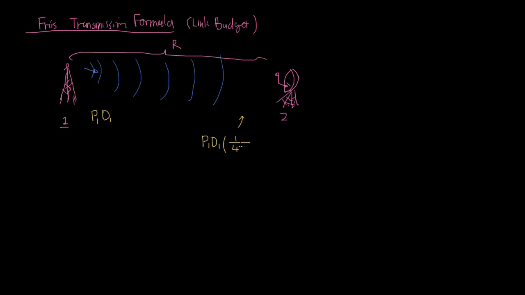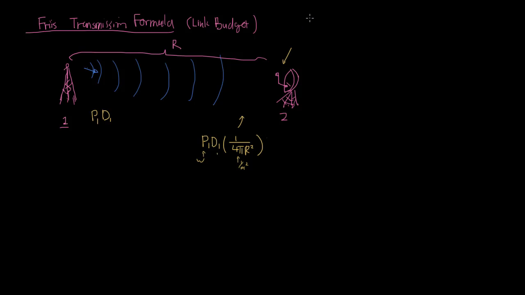That's right, 4 pi r squared. So this gives you the power density. P1 is in watts, D1 is unitless, so this is just a boost, and over here this is 1 over meter squared. So on the receive side, you now have this power density, which is watts per meter squared.